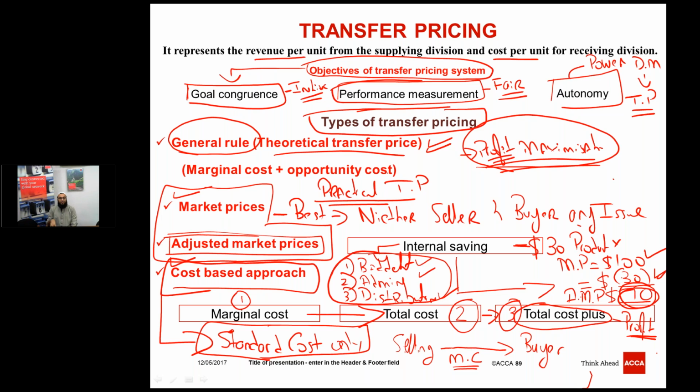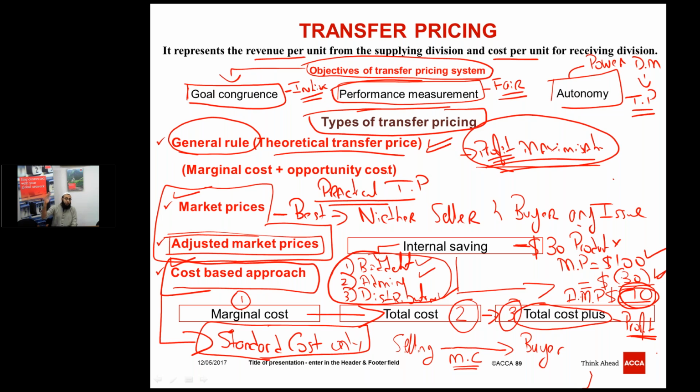Because if you do not give the manager the authority to set their own prices, that will result in demotivation and dysfunctional behavior.